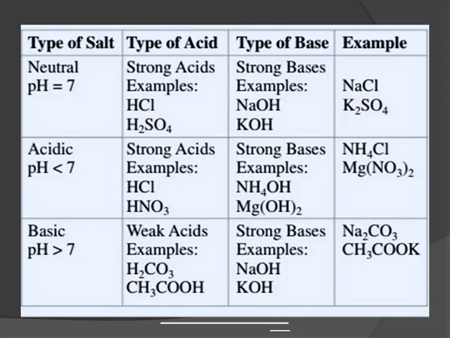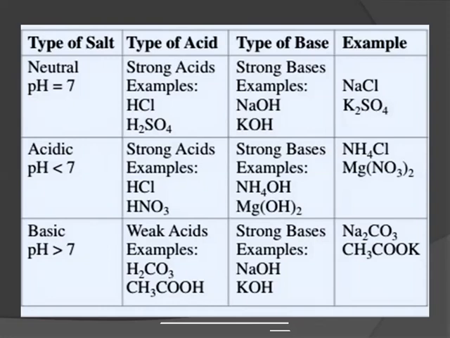For example, hydrochloric acid reacts with ammonium hydroxide and gives ammonium chloride. Nitric acid, on the other hand, when it reacts with magnesium hydroxide, gives magnesium nitrate. Salt can be basic too, where the pH will be more than 7.